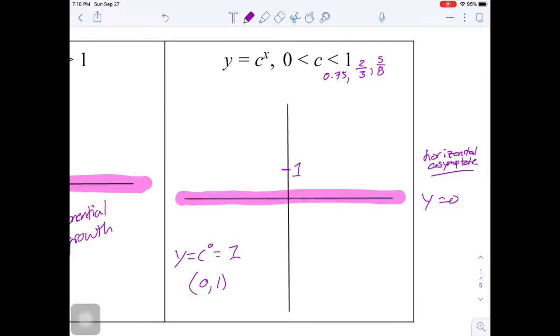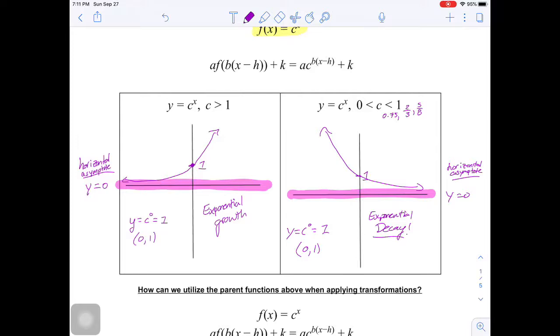This graph will have a general shape that looks something like this. Again, this is known as an exponential decay graph. But the two main important things are that we have that horizontal asymptote and a point at (0, 1). We can use these two things to get ideas of what graphs look like.